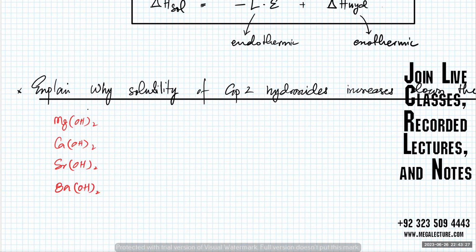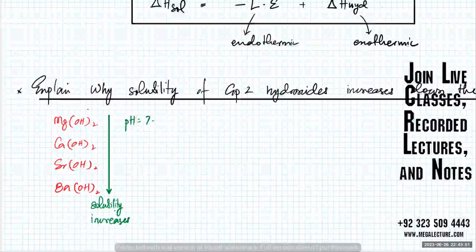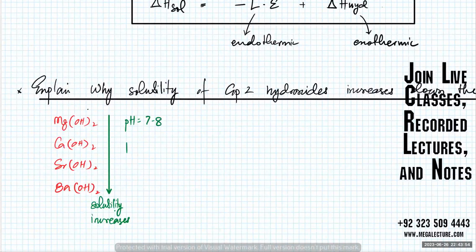So the solubility increases. The first one is not very soluble, so if you mix it in water, the pH would be between 7 to 8. The next one would have a pH of, let's say, 10. And so on. The last two are very soluble, so the pH would be around 12 to 14. So the solubility increases.